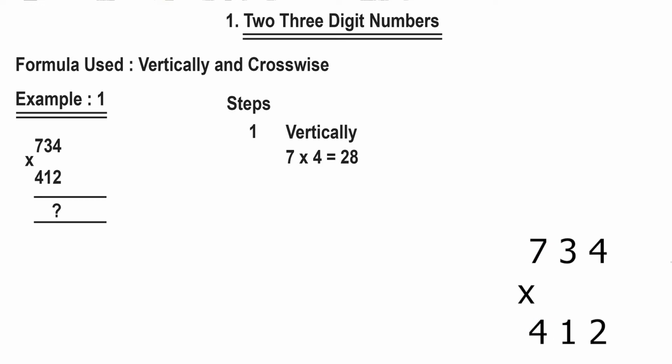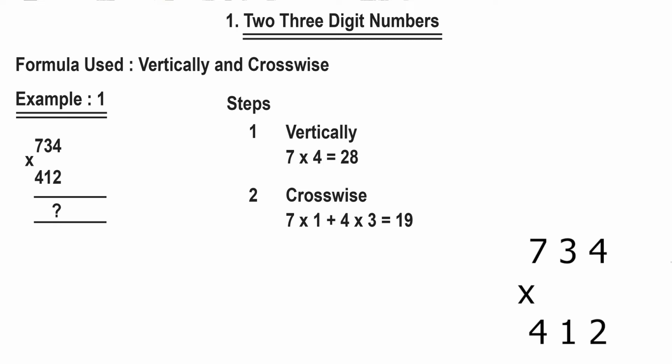Now remember, with vertically and crosswise, all our calculations would be from the left to the right on the multiplier first, which in our case is 412. Then we would proceed with the same on the multiplicand, which in our case is 734.